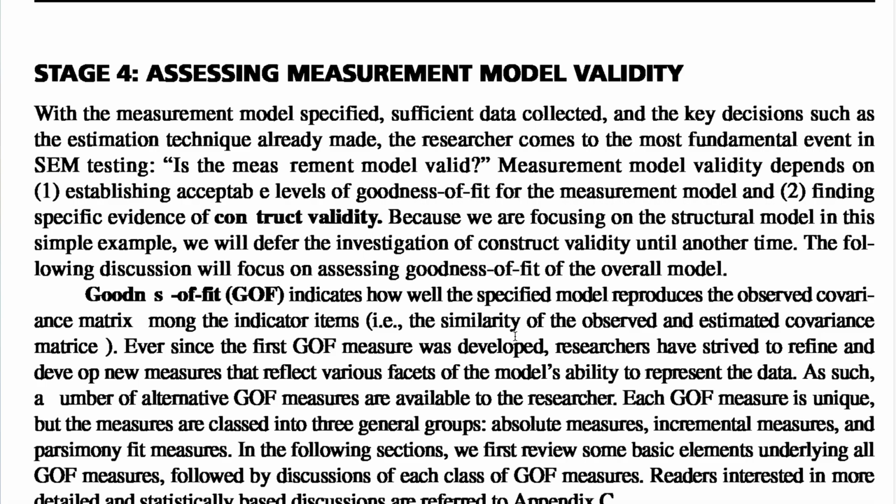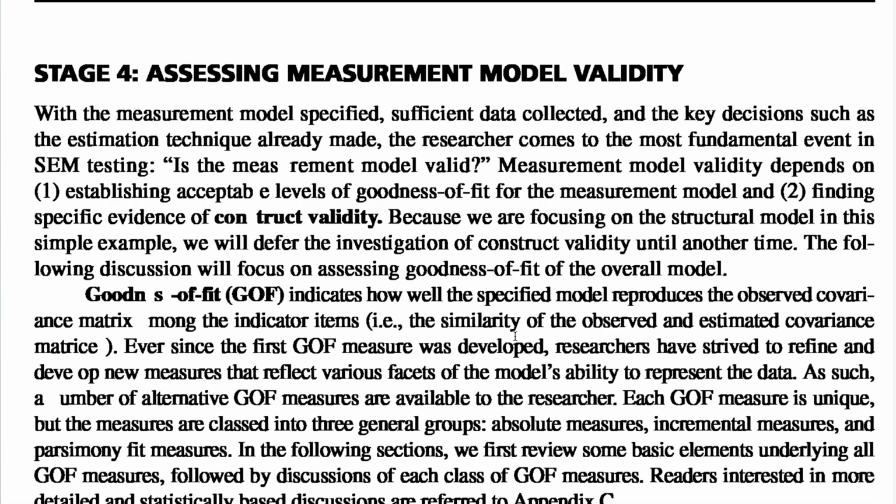Ever since the first goodness of fit measure was developed, researchers have strived to define and develop new measures that reflect various facets of the model's ability to represent the data. As such, a number of alternative goodness of fit measures are available to the researcher.